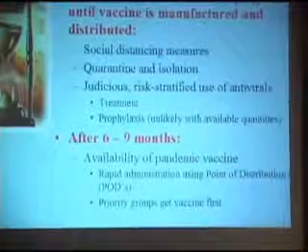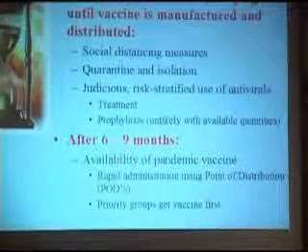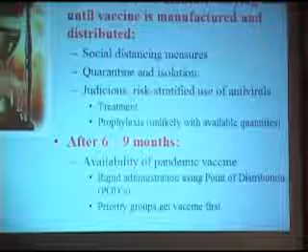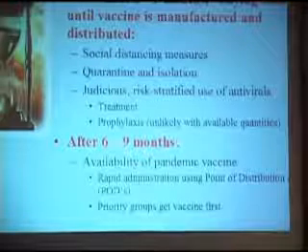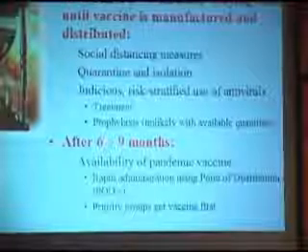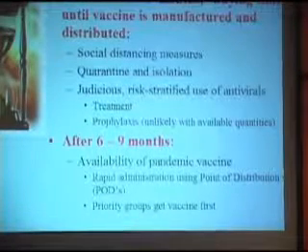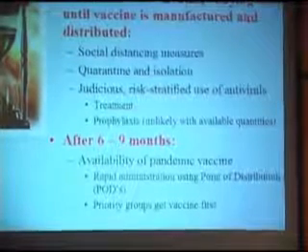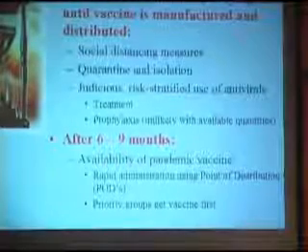There probably will not be enough to use antivirals prophylactically, so it will likely be treatment of cases, and that's where, working with the health department, we can help you facilitate decision-making, since we have the H5 PCR available here in town. After 6 to 9 months, when the vaccine's available, the county has plans to institute a number of points of distribution throughout the county, and these will be rapid walk-through vaccination sites that will be operative 24 hours a day to get the vaccine to as many people as possible in a hurry.